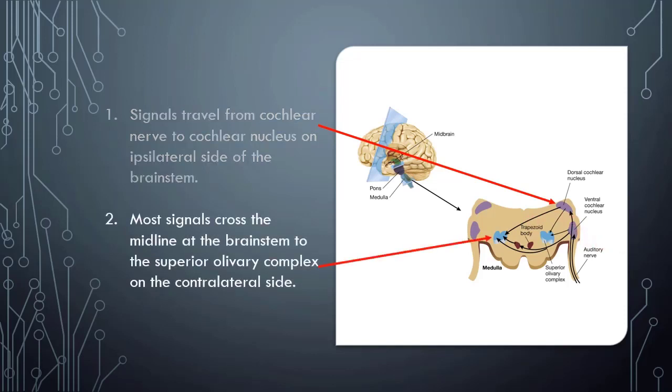And then most signals are going to cross the midline to the opposite side of the brainstem, which we also call the contralateral side, to a part of the brainstem called the superior olivary complex.